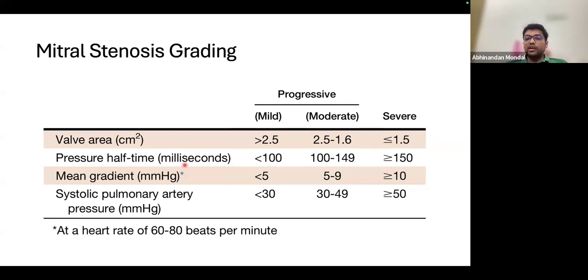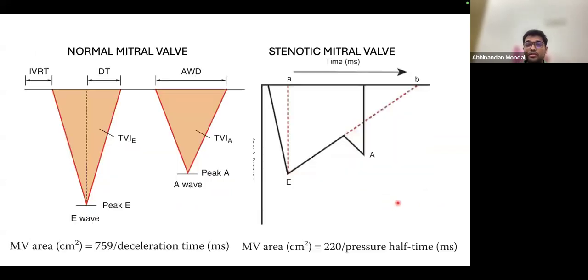But anyway, if the mean gradient is more than or equal to 10, then you are probably dealing with a severe MS. And also systolic pulmonary artery pressure, which you can determine from your TR velocity, which I will discuss in our next class: if it is more than or equal to 50, that means you are dealing with a severe MS.